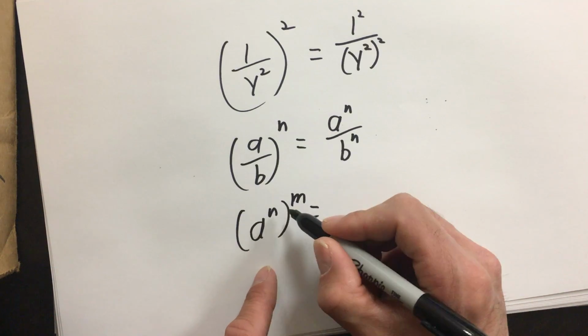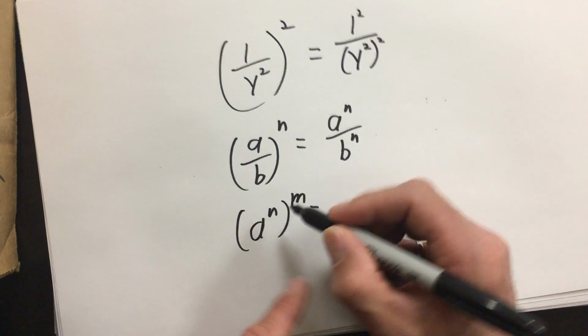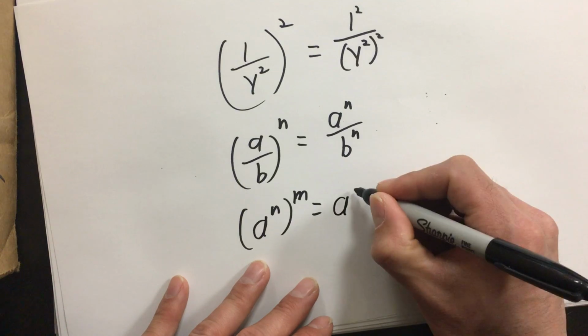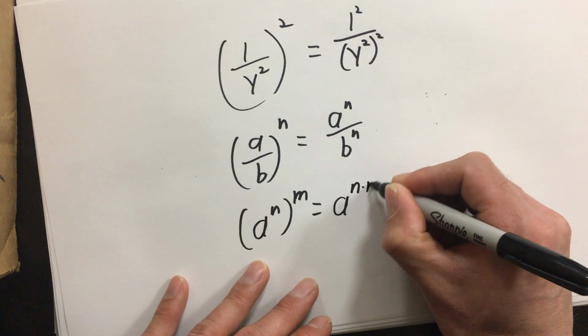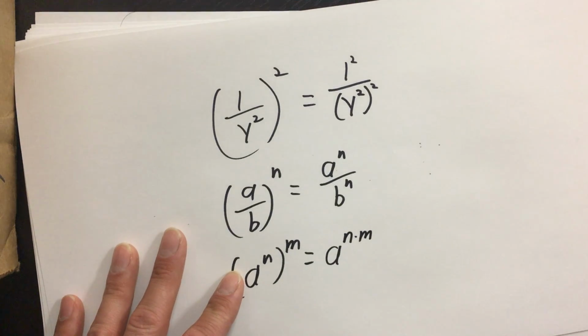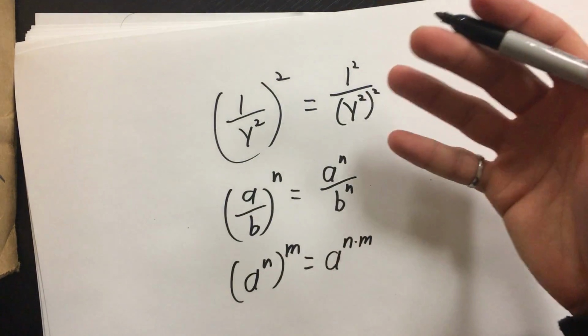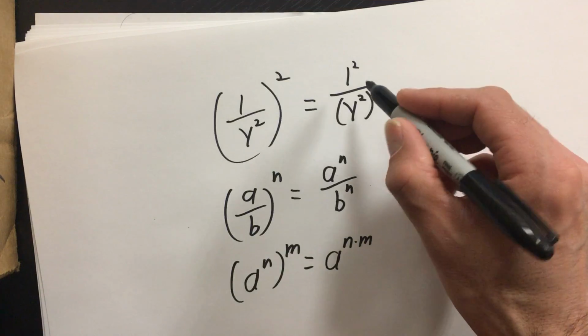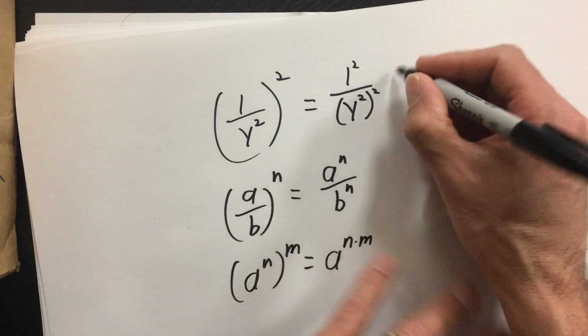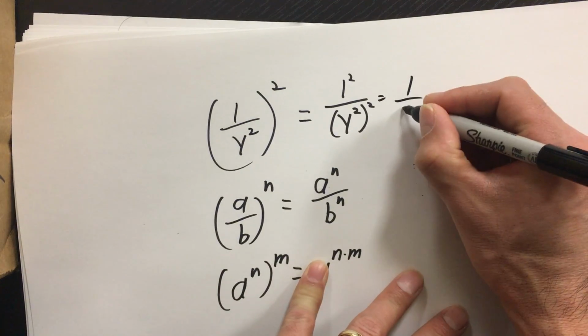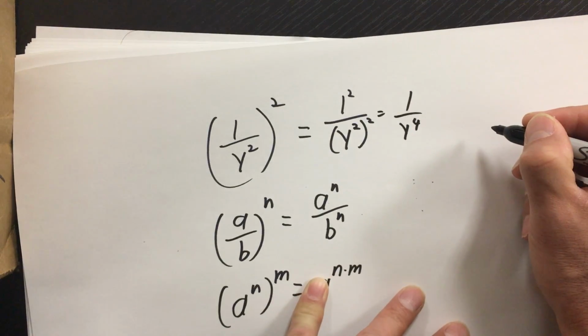These two must be multiplied together, not added. So this is a to the n times m. Having two 2's here is a poor example because if you add 2's or multiply 2's, you get 4. Be slow and careful. Make sure you multiply them together. This becomes 1 over y to the fourth power.